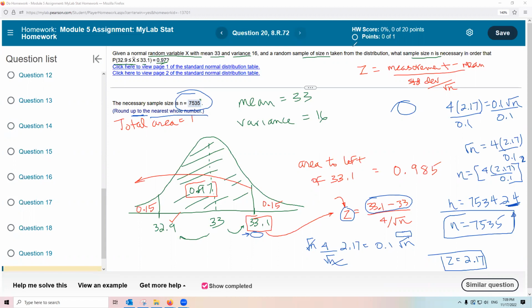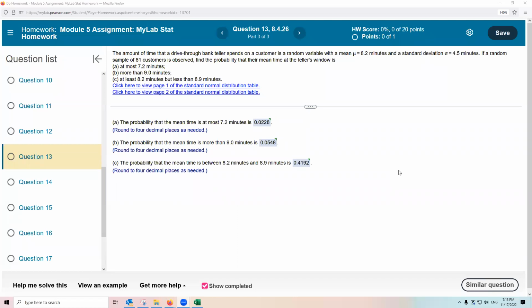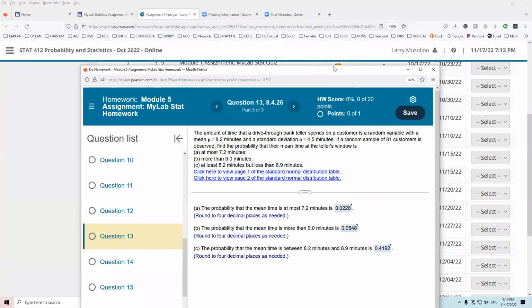All right, let me see if we can do another example here. All right, folks, let me take a look at another homework problem from Module 5.